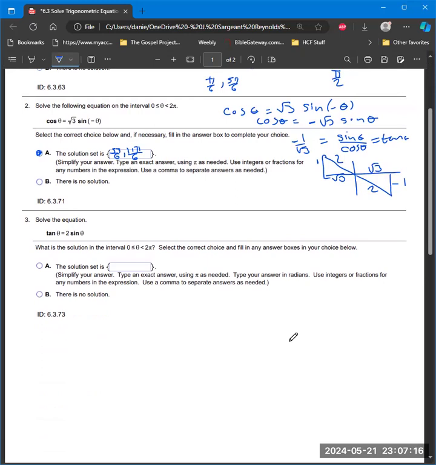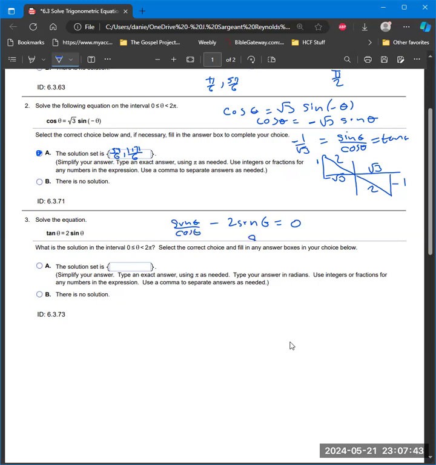All right, this one's going to be trickier. We don't do any division here. What we do is we're going to subtract: tan theta minus 2 sine theta, and write that equal to 0. We're going to write this tan theta as sine theta over cosine theta.